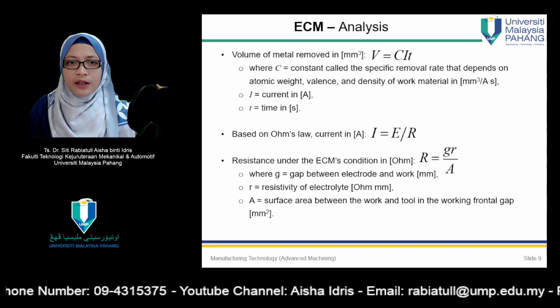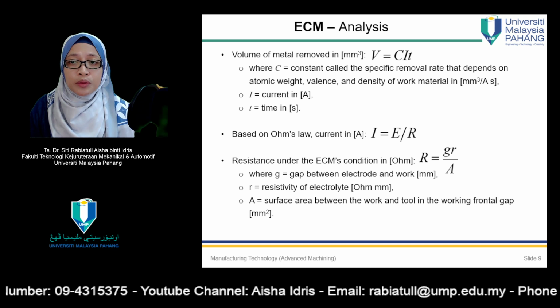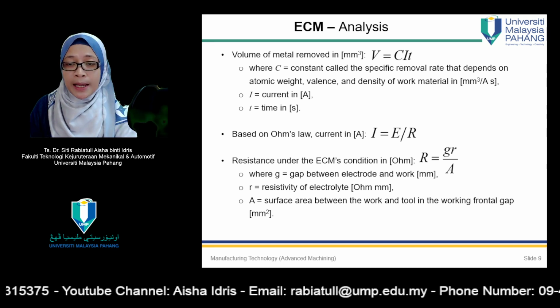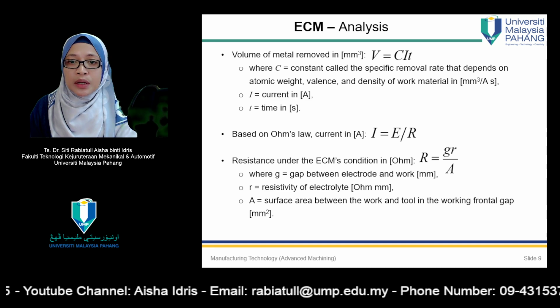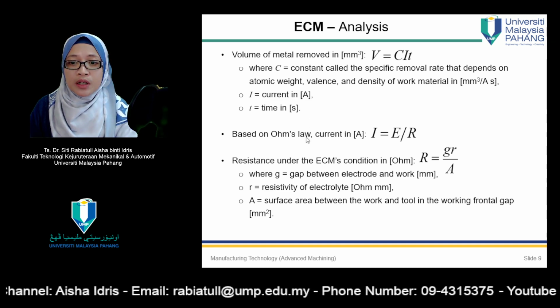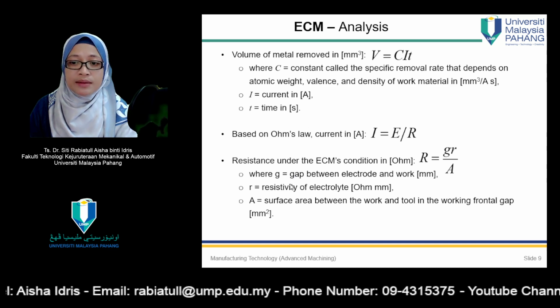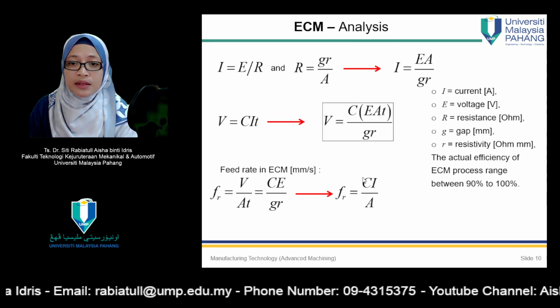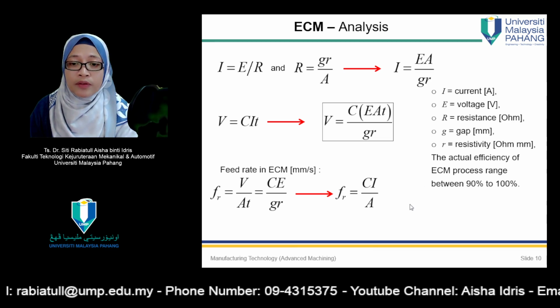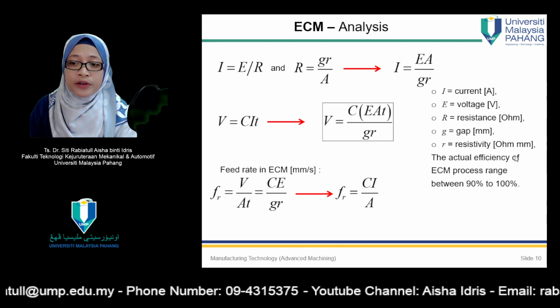Other than that, these are the formulas to do analysis for the ECM process, like for example, volume of metal removed, current, resistance, as well as feed rate FR over here. And the rest of the terms you can look at in this slide.